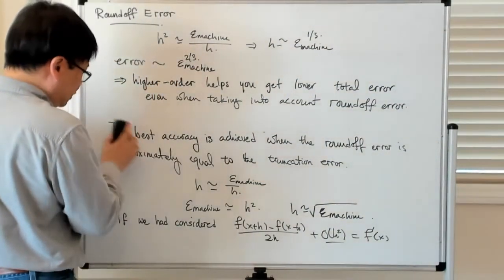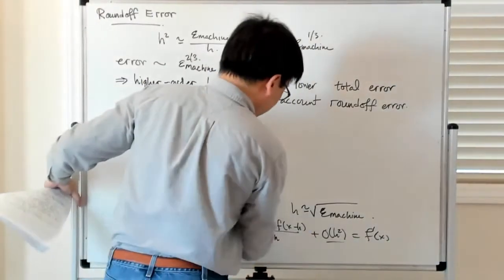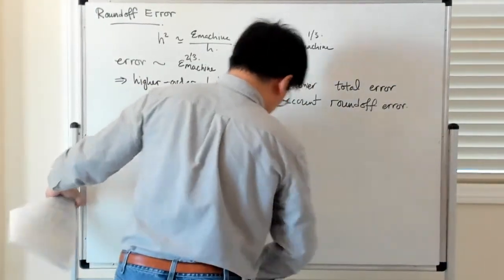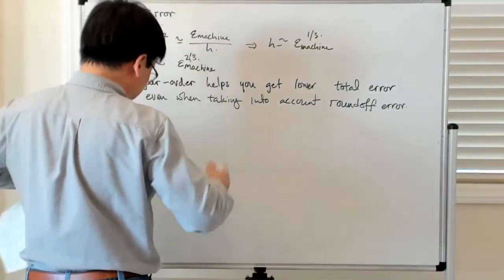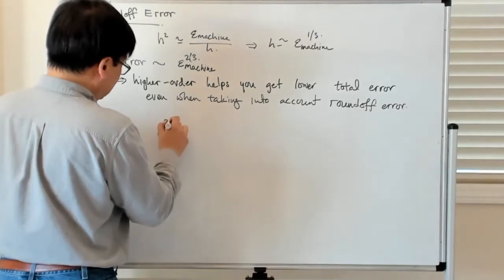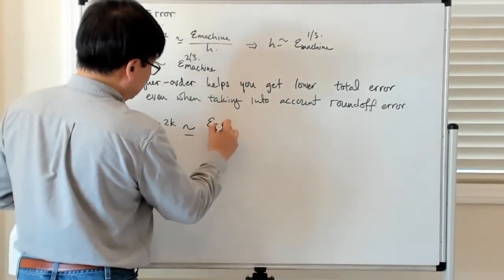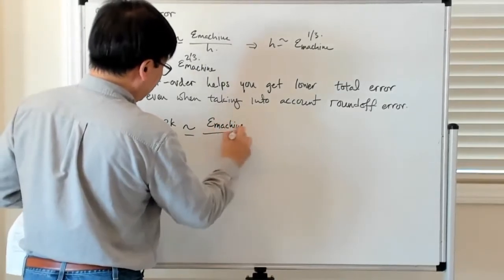So let's just work that out. It's not so difficult. If you have a method like with the trapezoid, with the Richardson extrapolation, where you have a big O of h to the 2k method, you want this to be comparable to machine epsilon divided by h.